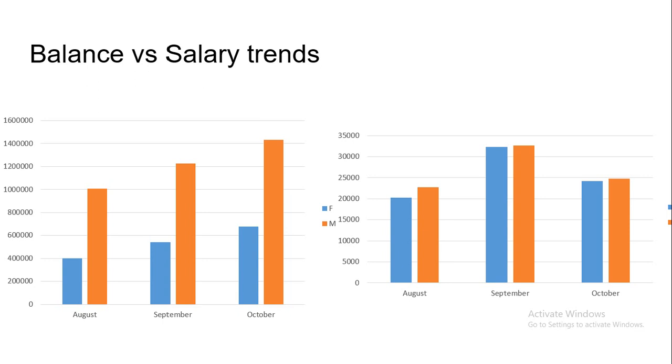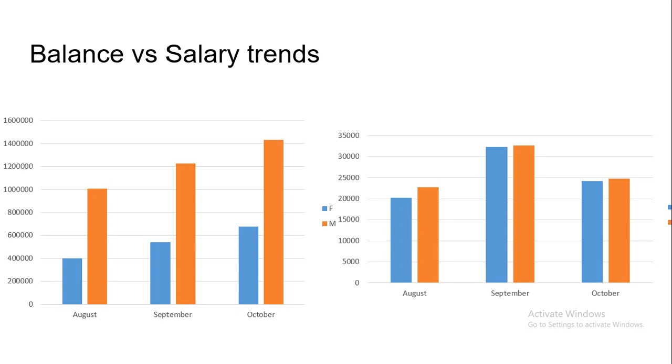in males and females. In terms of balance, we can clearly see that there is a significant difference between the balance of males and females. Males are higher. I don't know, this is just the data set I have downloaded. I am not discriminating on the basis of gender.